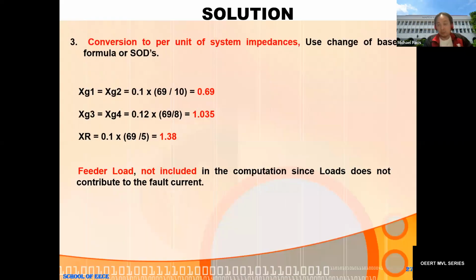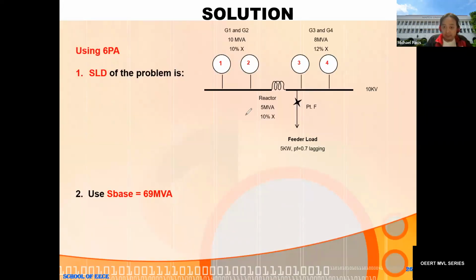As I mentioned a while ago, in drawing the reactance diagram, you need to neutralize all of the sources, and the sources must be short-circuited here. And if that is short-circuited, you need to represent that by the corresponding reactances.